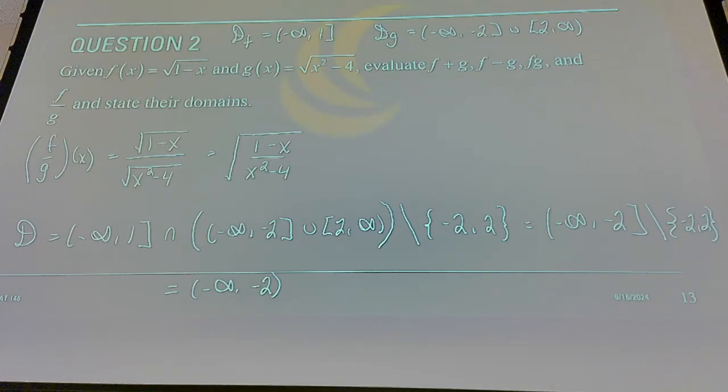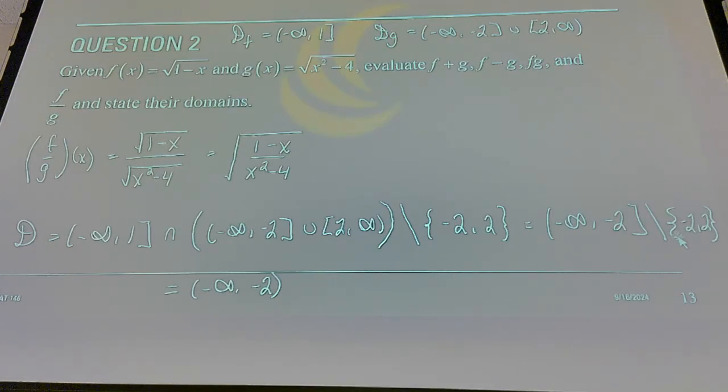One was closed at -2, this one's open at -2, because we're taking out -2. That's what set minus is. Set minus says take this set, remove from it these elements. Since there was only -2 in there, we just removed -2. And that's the new set. That's what set difference is.